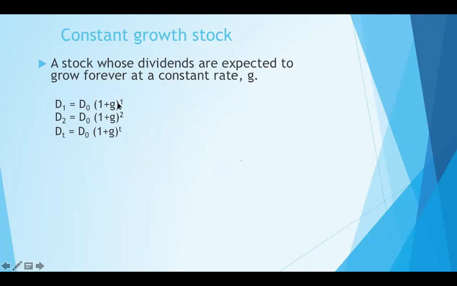Every year's dividend increases by the same growth rate, G. Next year's dividend should be this year's dividend times 1 plus G. 2 years after, with a constant growth rate G, it should be squared. For T years, it should be to the power of T, right?